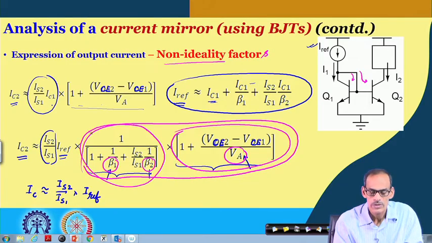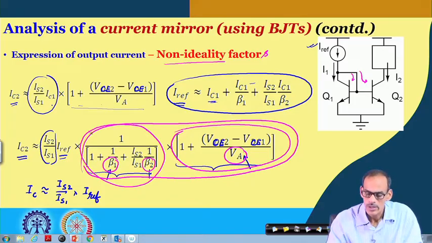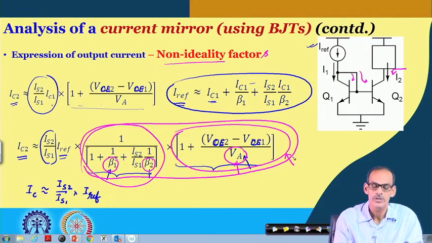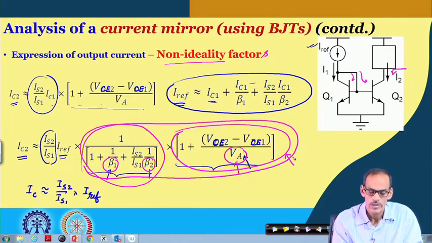So, in the next slide we can say that if we get higher output resistance, or a higher value of this early voltage, then this factor will improve, or this factor will go towards 1.